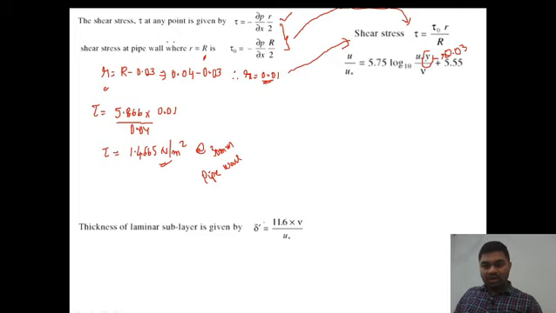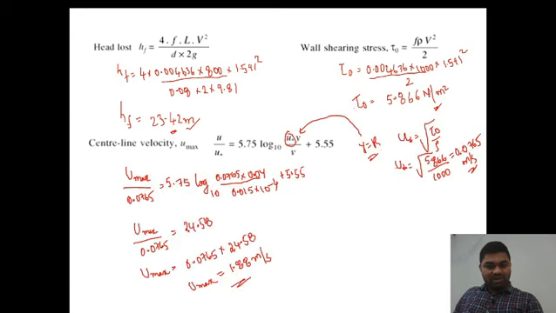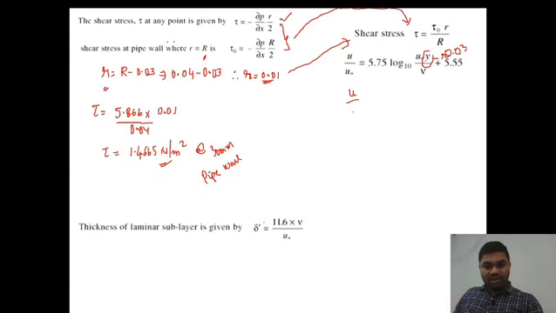So, what is the value of u? We need to find out u by u star, or shear velocity. The value of shear velocity is 0.0765.